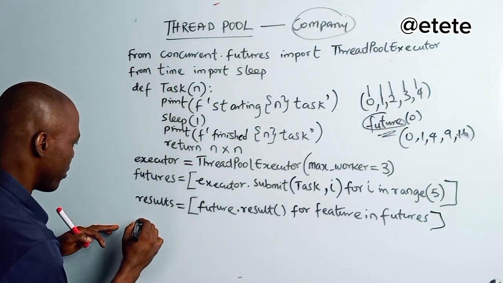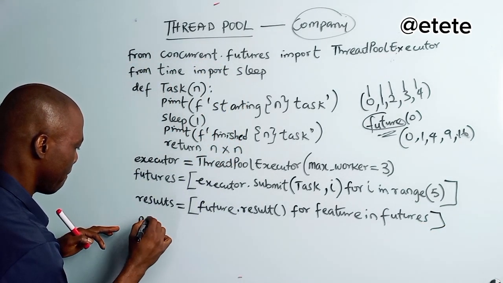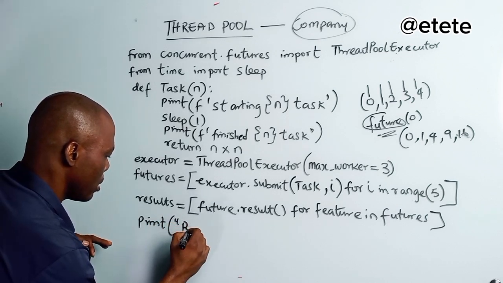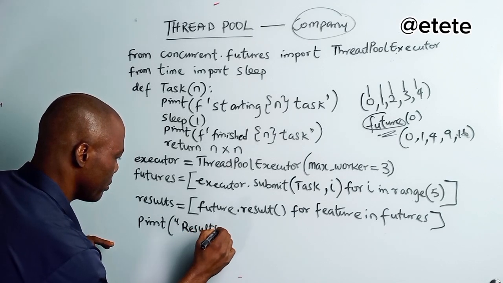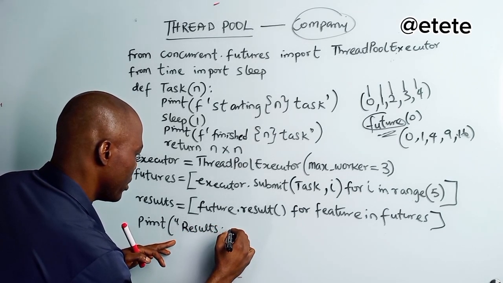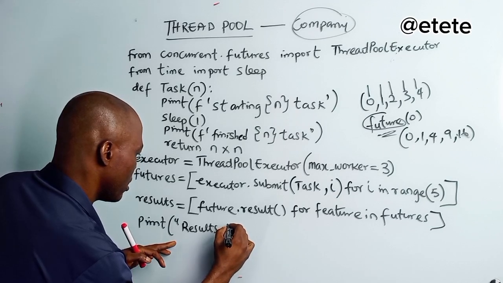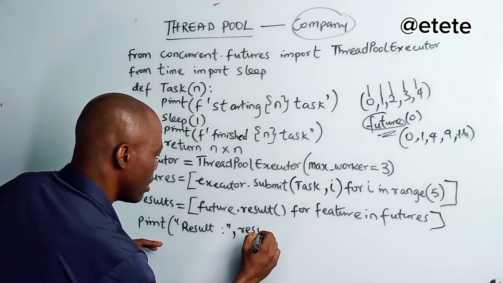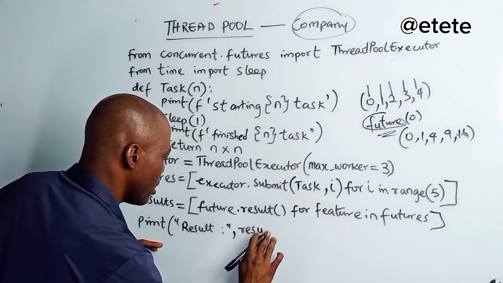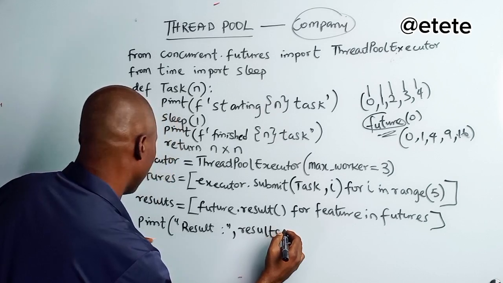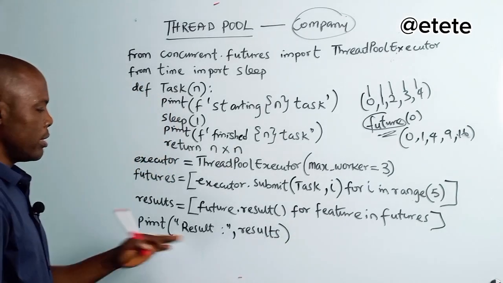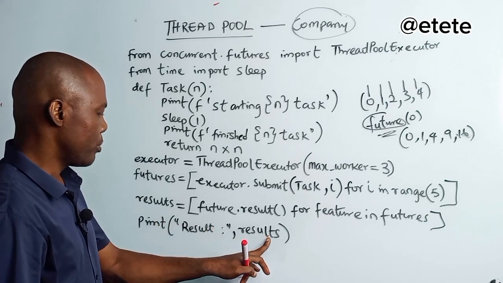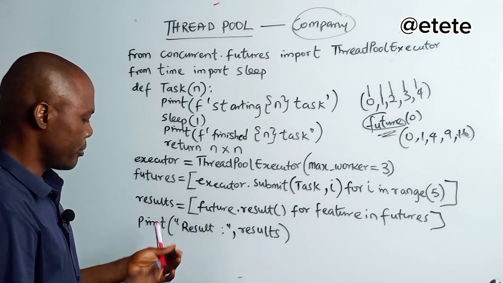Now here you say print result, then you bring this comma, result. Now this is the final output. So result will now give you what? Result, which is whatever is going to be stored here.